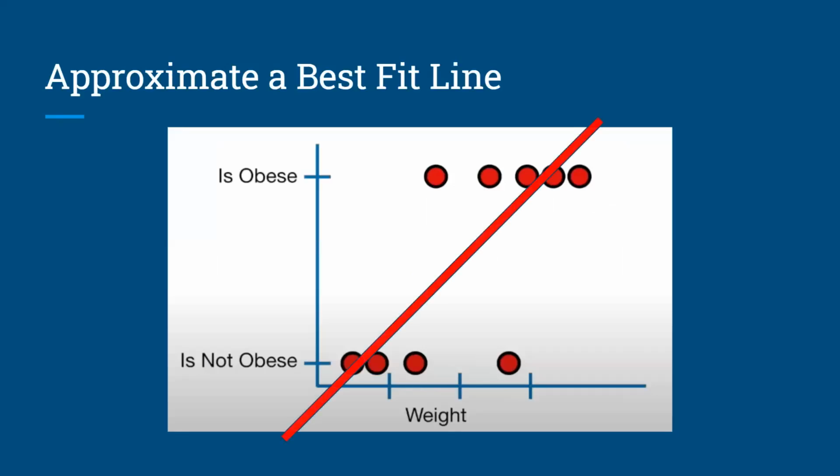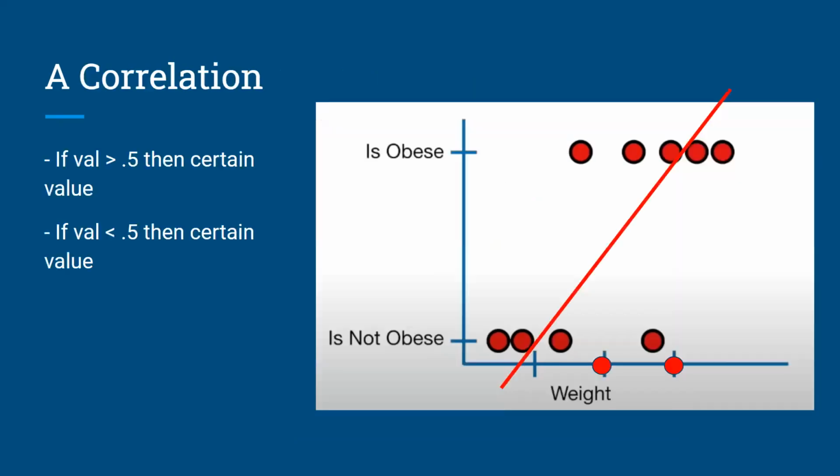All right. So this works-ish. We're trying to figure out if, based on this data set, based on the weight, is the person obese or not obese? All right. And if I go down the line, way over there, or let's just keep it with these points here.